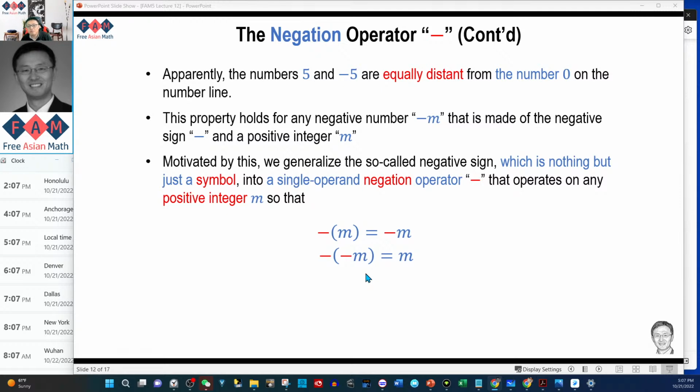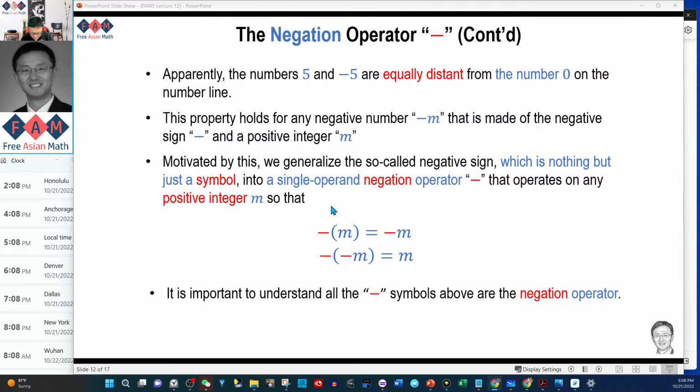On the other hand, if you put many layers of this negation operator in front of a number, the result will fluctuate between 5, negative 5, 5, negative 5, depending on how many layers of this negation operator you put there. So now it's clear what the difference is between a subtraction operator and a negation operator.